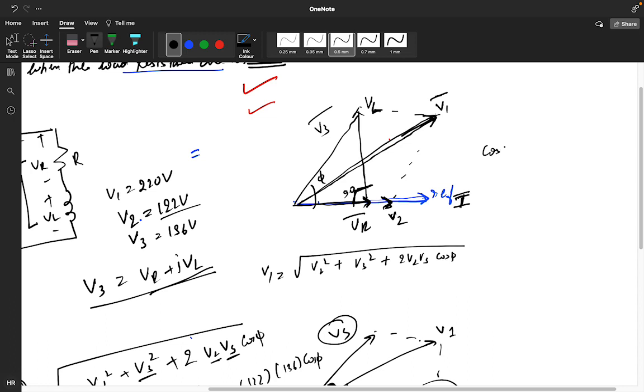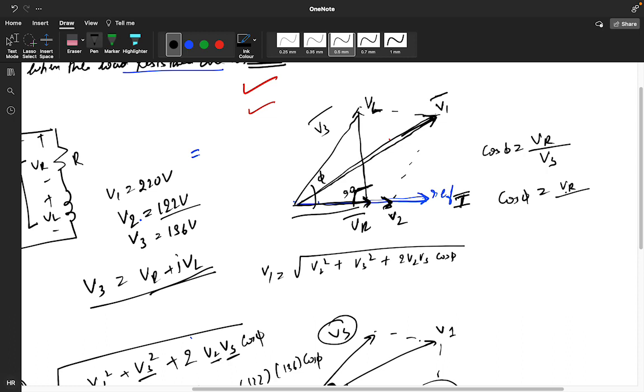So cos phi is B by H, base by hypotenuse. Base is your VR and hypotenuse is your V3. So cos phi will be VR over V3.